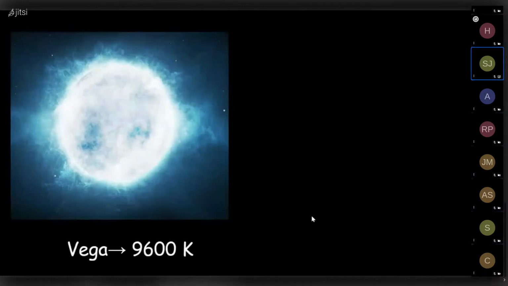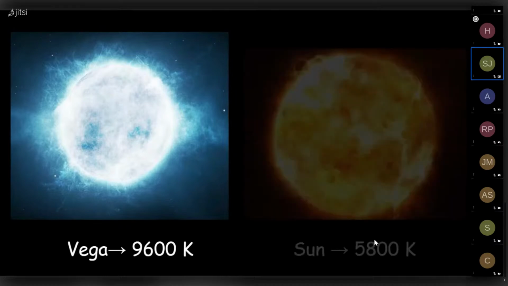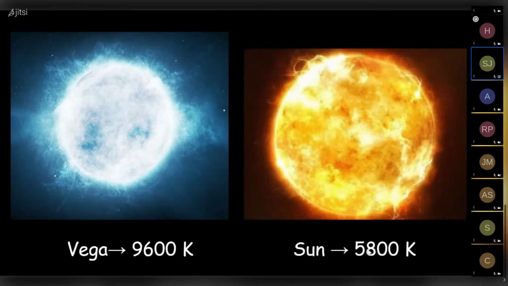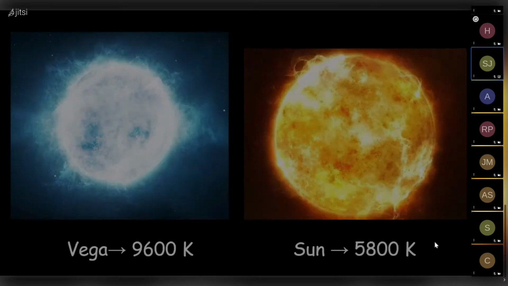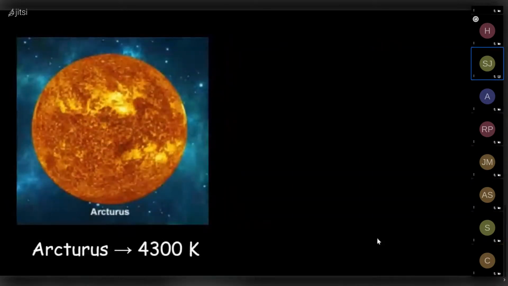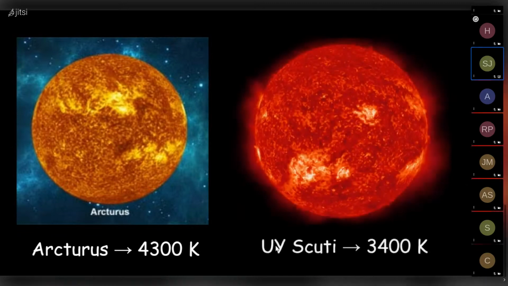And then comes Vega with 9,600 Kelvin, which is slightly white with a very small bluish tinge. And then the Sun with 5,800 Kelvin, which is yellow in color. And Arcturus, whose surface temperature is 4,300 Kelvin, and its color is slightly orangish red. And then we have UY Scuti with 3,400 Kelvin, which is red in color.